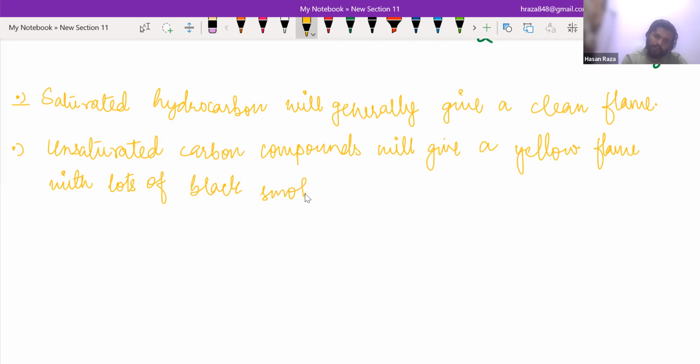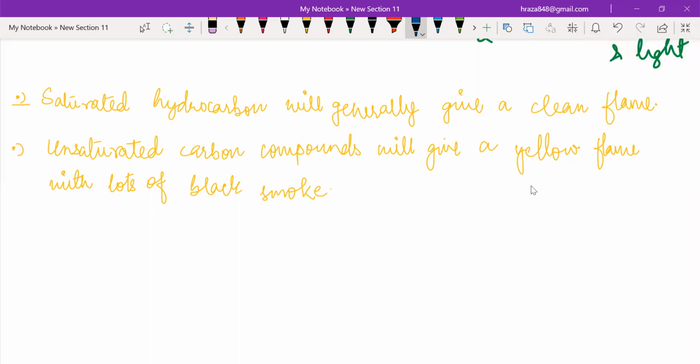So if I give you a saturated and an unsaturated compound, you can burn it. If it gives you a yellow flame with lots of black smoke, that means it is unsaturated. And if it gives you a clean flame, that means it is a saturated hydrocarbon.